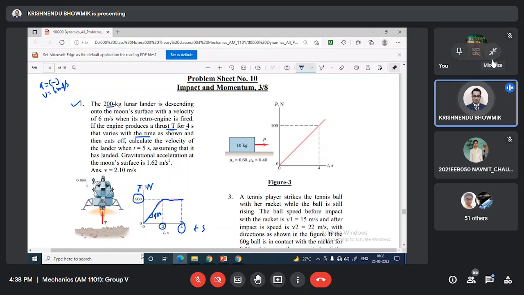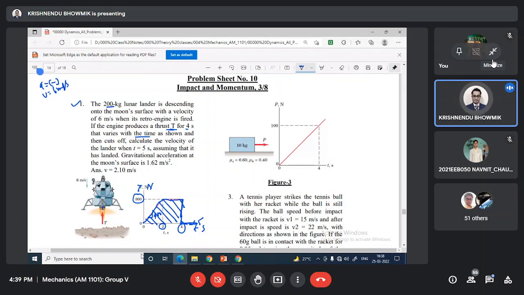T equal to 5 seconds. So if somebody wants to write, this is the 5 second mark. Actually after that it is 0. Up to t, this thrust goes 0 to 800, then it becomes 0. So the total area basically is the thrust impulse.